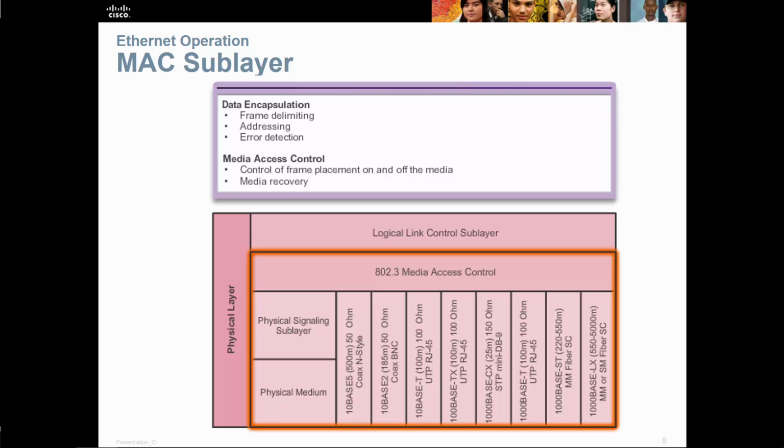So we have highlighted where our Ethernet functions, and you're going to notice that we have different types of wiring: 10Base5, 10Base2, 10BaseT, 100, 1000BaseT, BaseSX, BaseLX, and so forth. So there are numerous types of physical wiring standards.